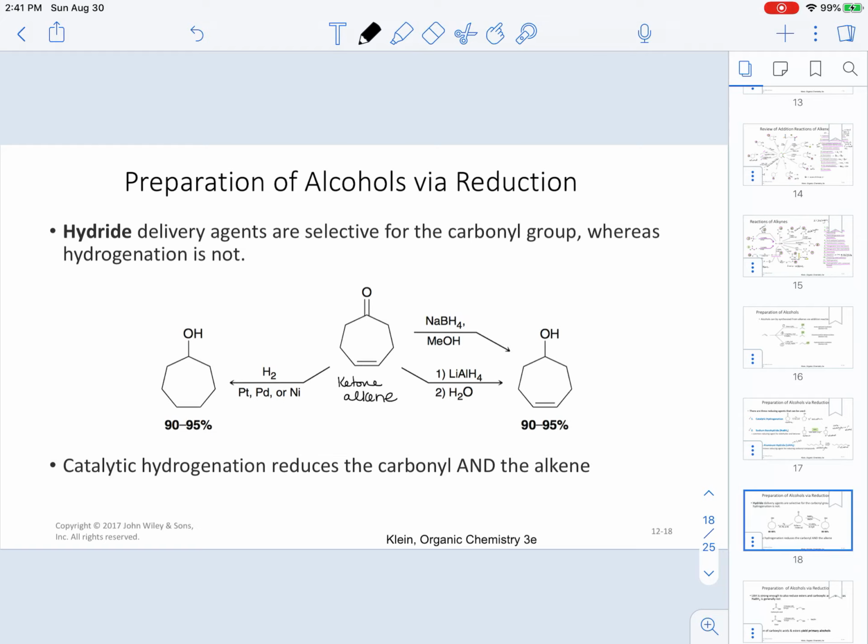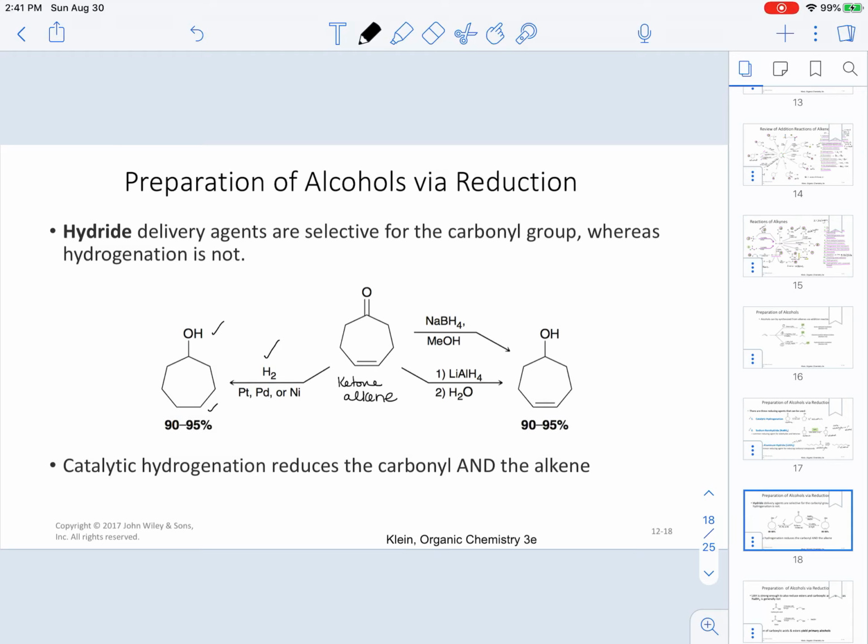If you put this under hydrogenation conditions, understand that molecules are not smart. Molecules will look at a functional group, and as long as it can react, it will react. So if you have a ketone and an alkene and you propose hydrogenation conditions for it, which I just did the check mark, the ketone will go to the secondary alcohol and the alkene will go to an alkane. So both functional groups will react.